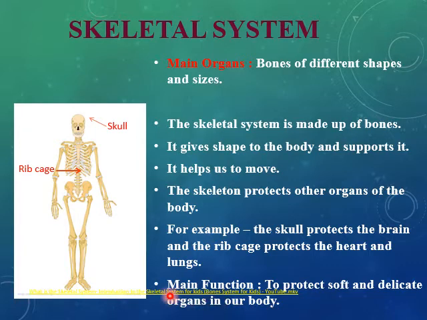A very important and main function of the skeletal system is to protect the soft and delicate organs that are present in our body. See children, the skeleton gives shape to the human body. Just as a building would collapse if its basic framework is not made in a proper way, the same way, the human body would collapse without the skeletal system.